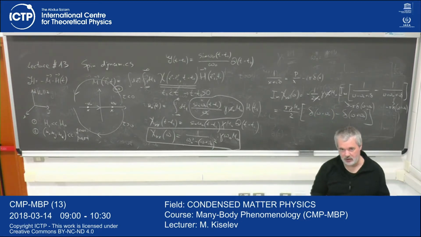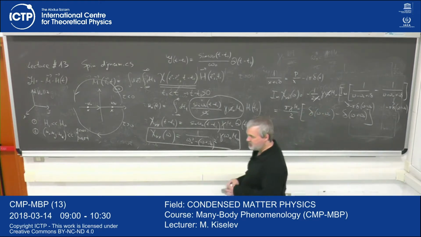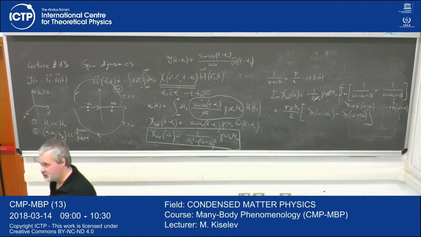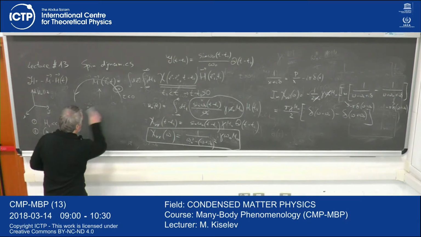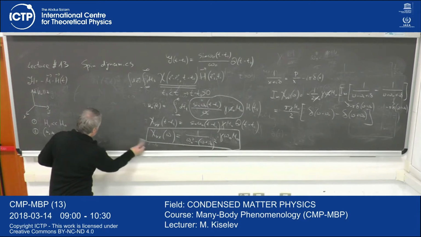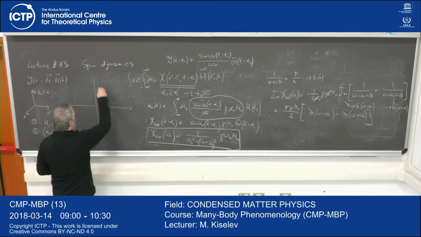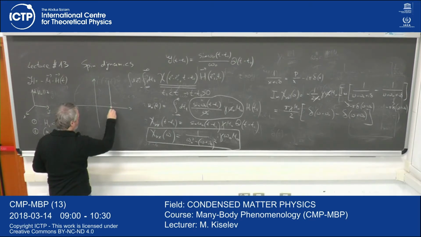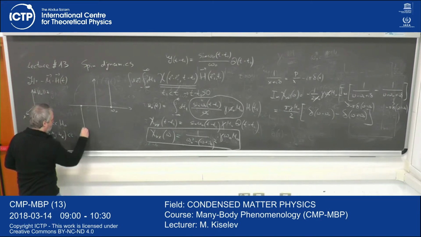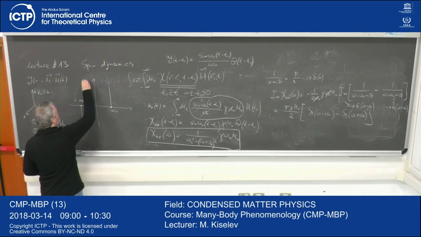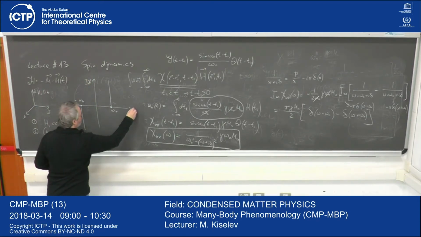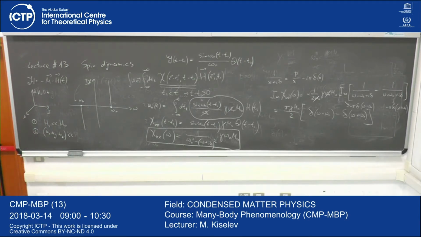So the imaginary part of the dynamic spin susceptibility consists of two delta functional peaks, resonances. One is at the frequency of driving clockwise, and another one at the frequency of driving anti-clockwise. So there is a delta function peak at omega naught, and there is a delta functional peak at minus omega naught in Im chi(omega).